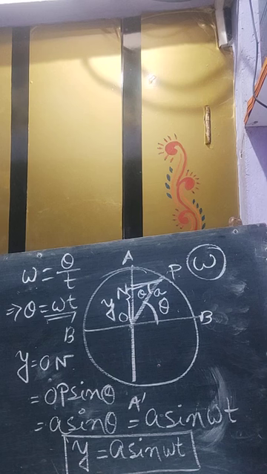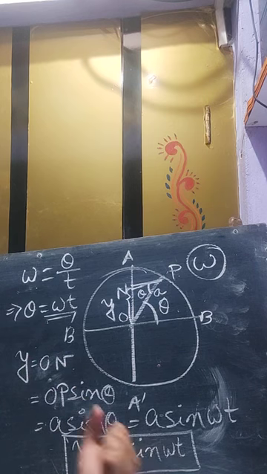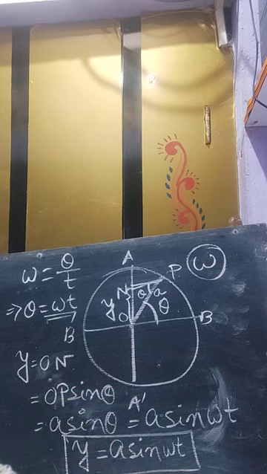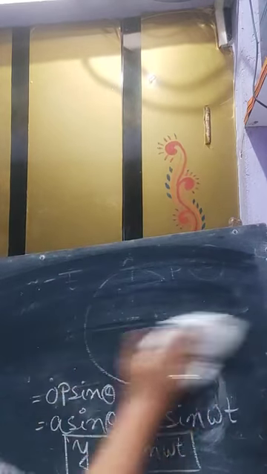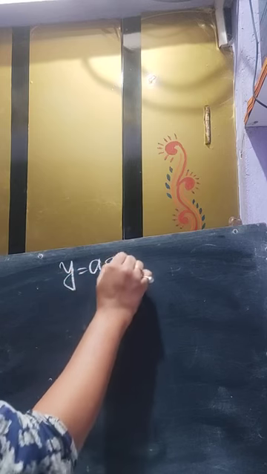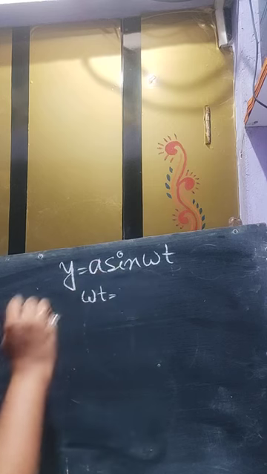Okay. So, what will be the amplitude of the SHM? The maximum value of sin omega t is 1, right? So, what will be the maximum displacement? Now, if I consider that our equation is y equal to A sin omega t, right?